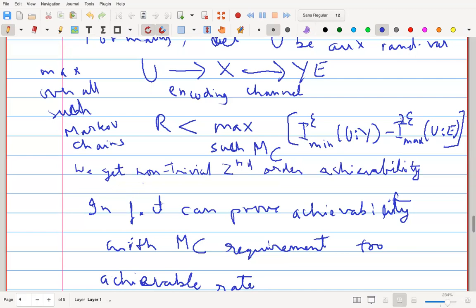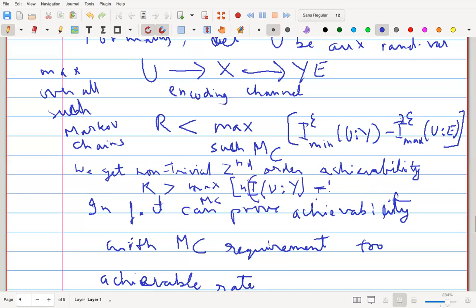So what is the second order achievability? We can say that R is greater than the max over the Markov chain of the following.